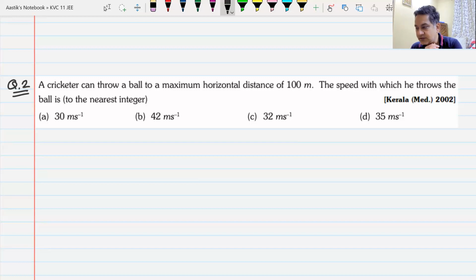What is the answer to this one? Remember, nearest integer. I'll give you 1 minute to do this.